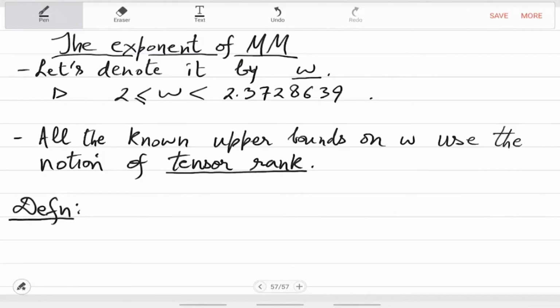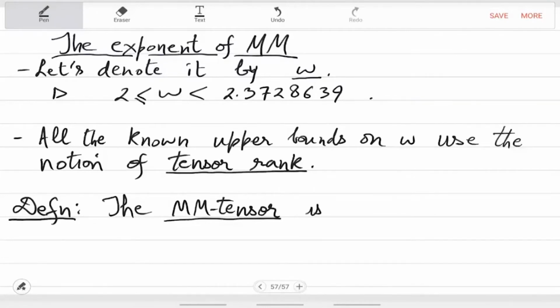So let's directly go to the definition. Let us define a tensor motivated by matrix multiplication. That is called the matrix multiplication tensor. This tensor you can think of as a 3D matrix if you want to see it explicitly. But I want to see it as a polynomial.